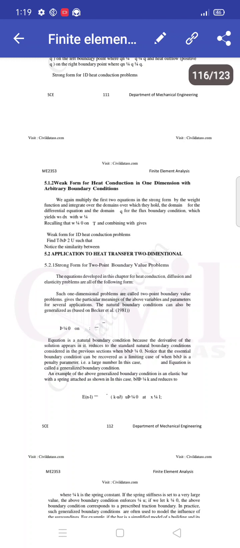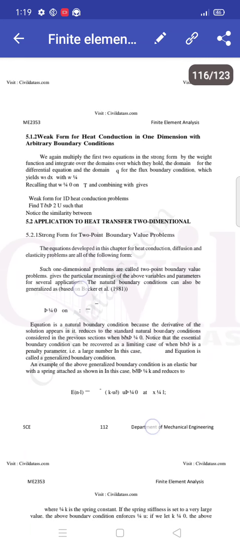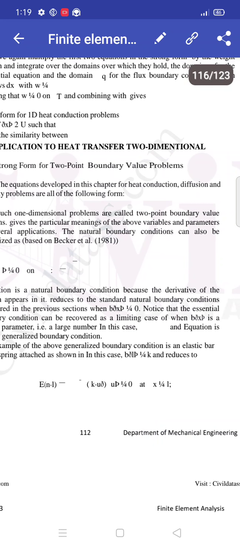The natural boundary conditions can also be generalized. This equation is a natural boundary condition because the derivative of the solution appears in it. It reduces to the standard natural boundary conditions considered in the previous sections when the spring parameter is zero.